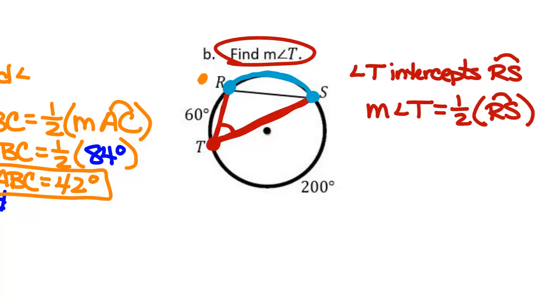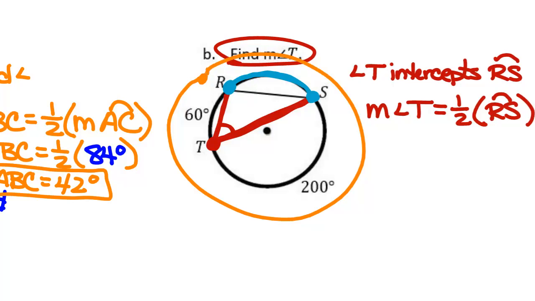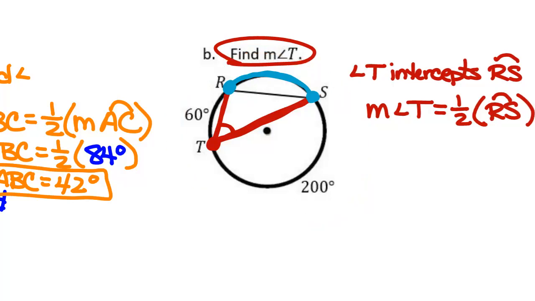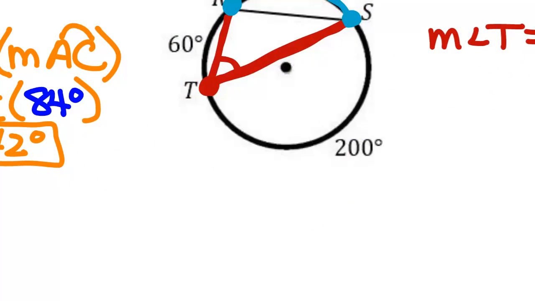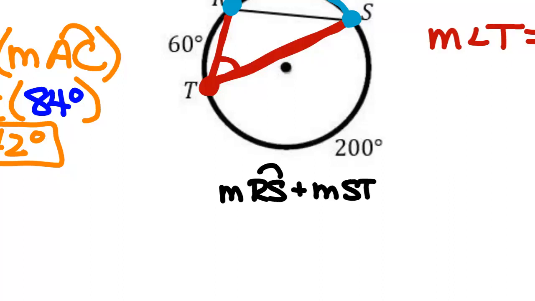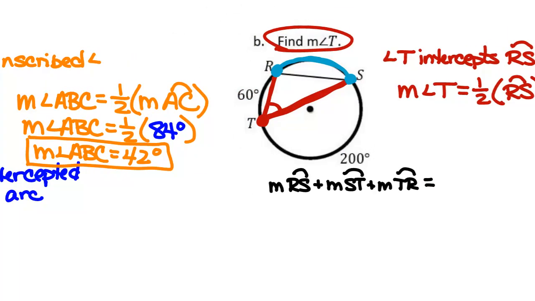Yes. And how many degrees is it if I go all the way around the circle? 360 degrees. So the measurement of arc RS plus the measurement of arc ST plus the measurement of arc TR is equal to 360 degrees.